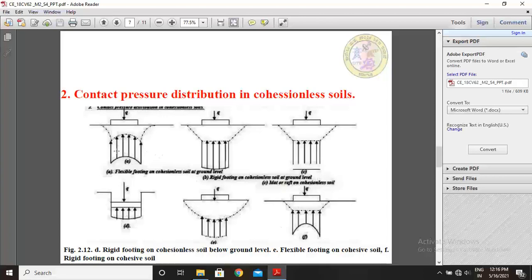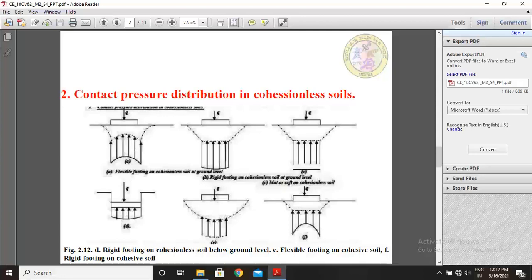See this figure, first one A. This is the ground surface and this is the footing dimensions, with applied load Q. If Q is applied, means the structure is applied. So this diagram is a flexible footing on cohesionless soil at ground level.